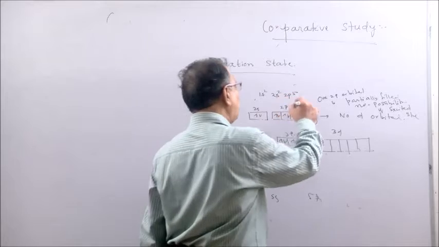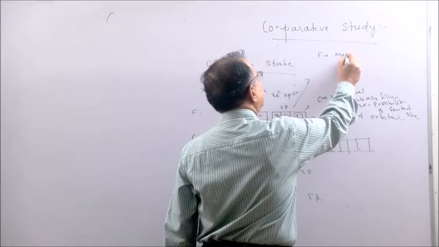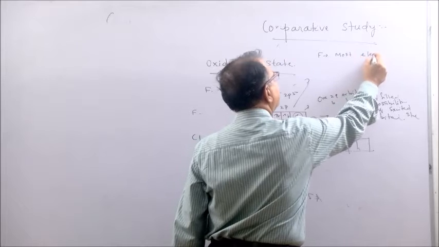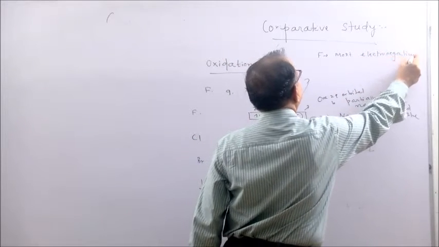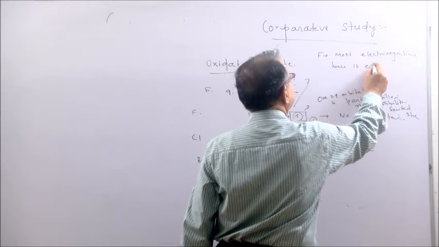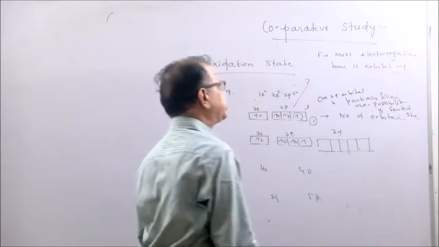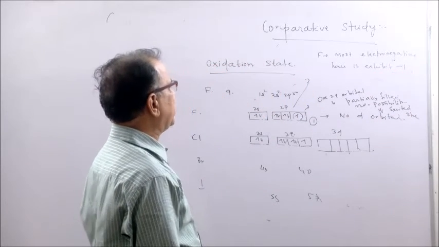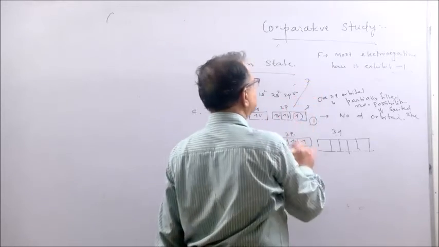Since fluorine is the most electronegative, it exhibits -1. There is no other change, which is the most important point for fluorine. What about the others?